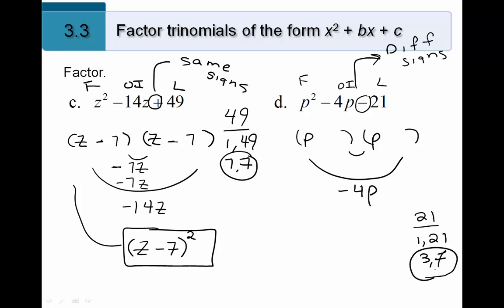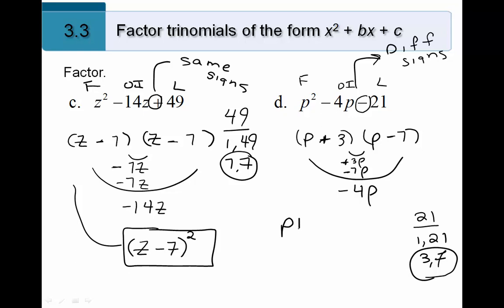So 7 and 3 has a difference of 4. 3 times p is 3p. 7 times p is 7p. In order to get a negative 4p, the 7 would have to be negative and the 3 would have to be positive. That puts the positive in front of the 3, the negative in front of the 7.